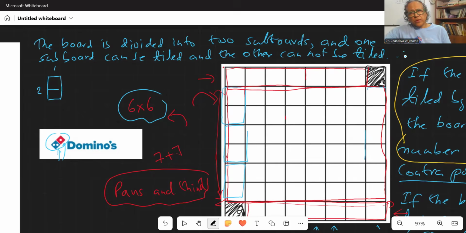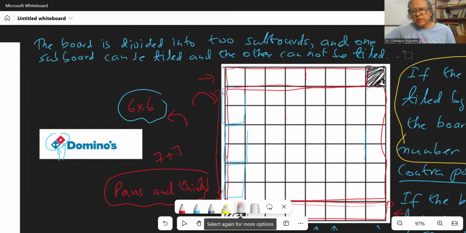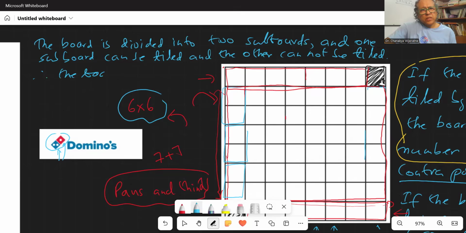So therefore, the board cannot be tiled.